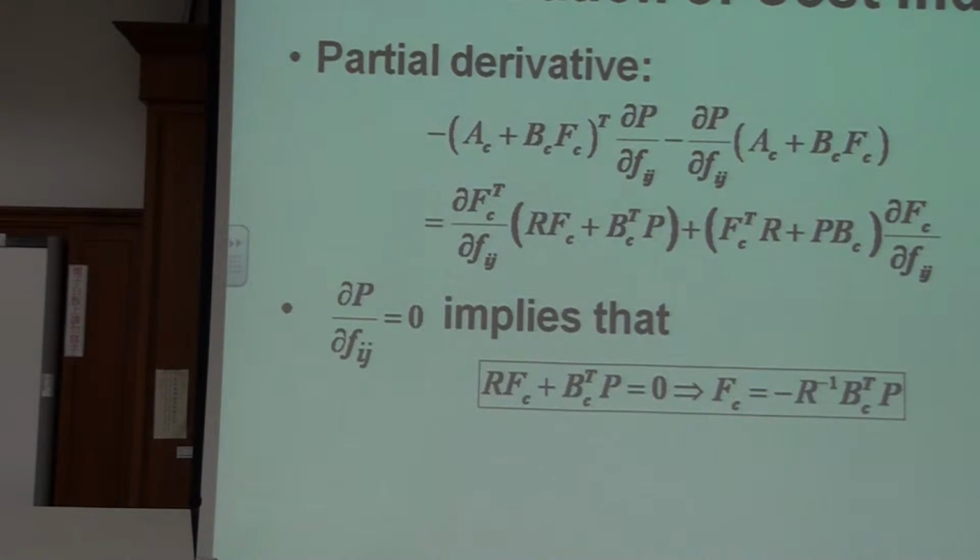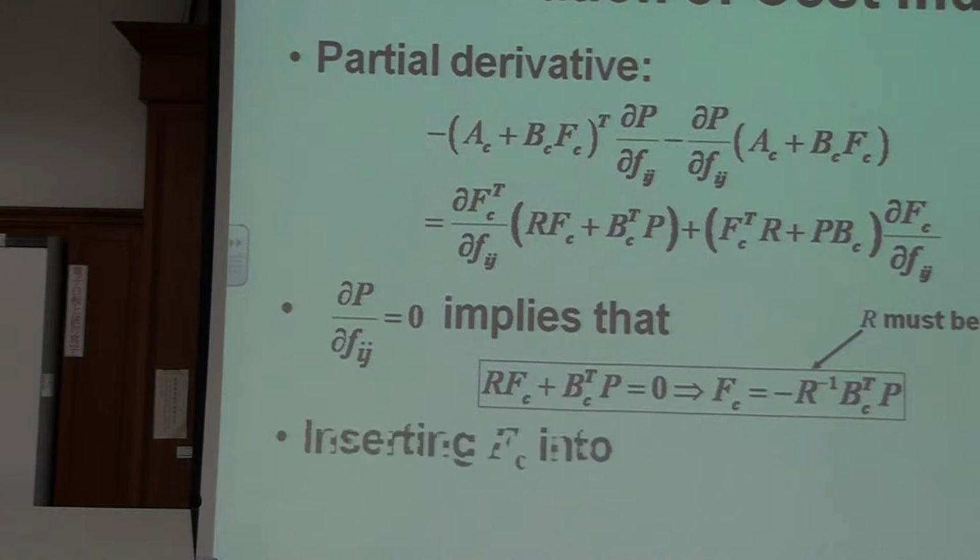So that's the solution: FC equals minus R inverse BC transpose P. From that equation we require FC equal to minus R inverse BC transpose P. Okay, now we have this important equation.